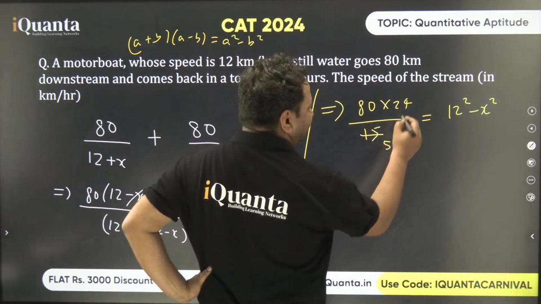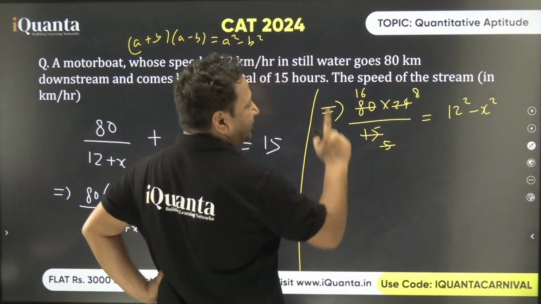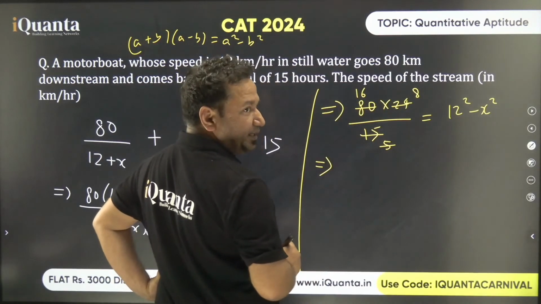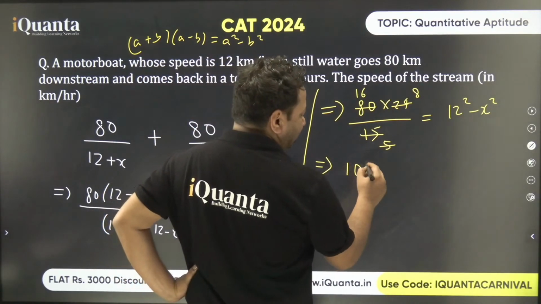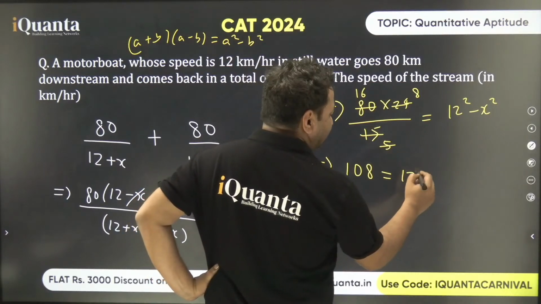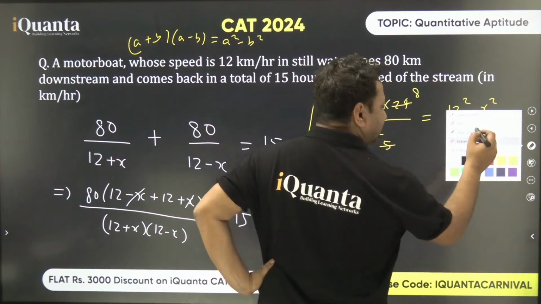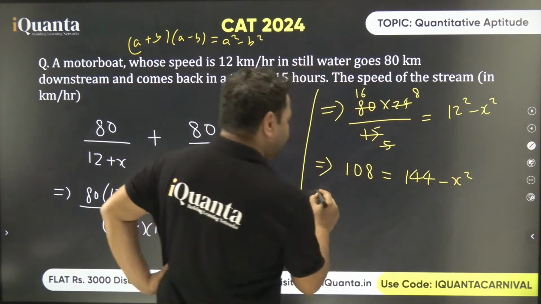3 5s are 15, 3 8s are 24, 5 16s are 80. 16 multiplied by 8. That is 108. This is equal to 12 square. 12 square is how much? 144. All of us know that. 144 minus x square.